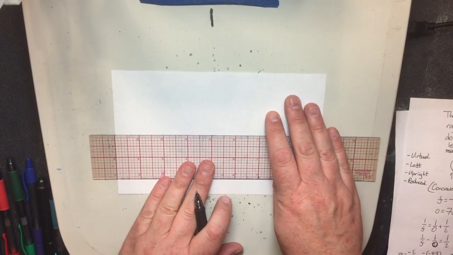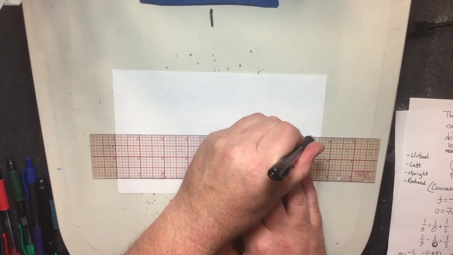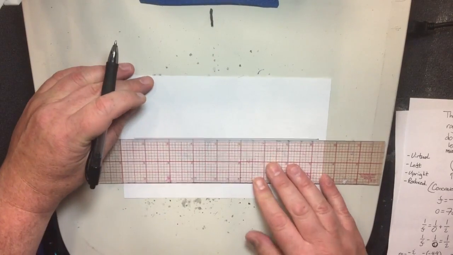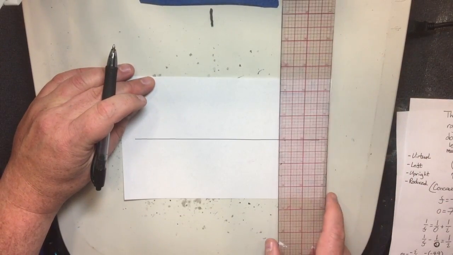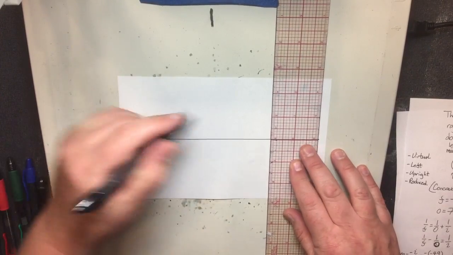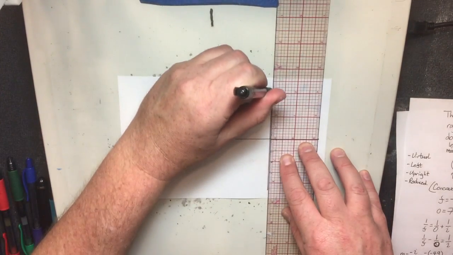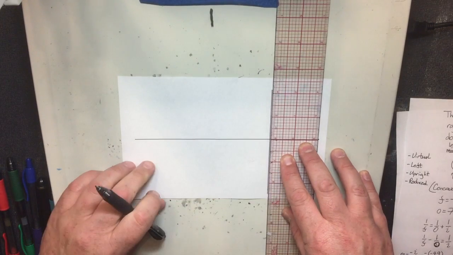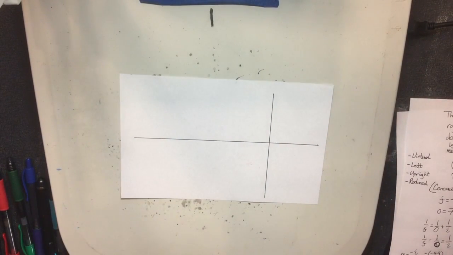You want to draw your optical axis first, then your lens plane next.